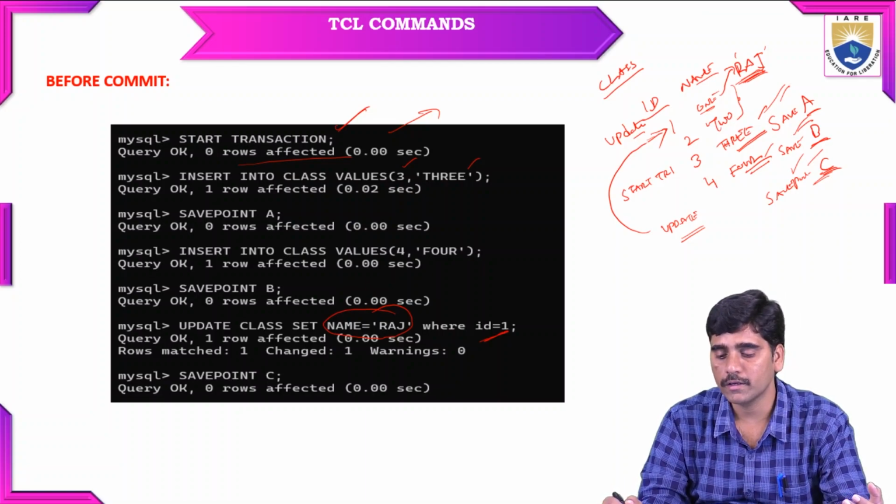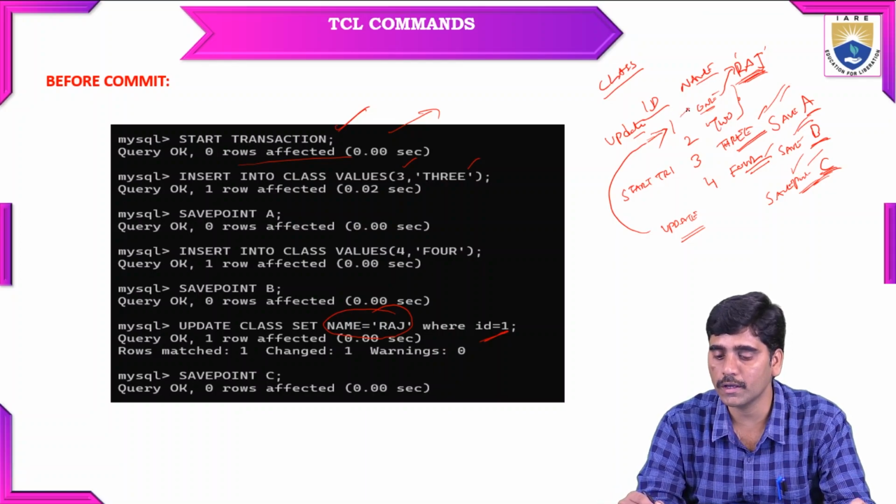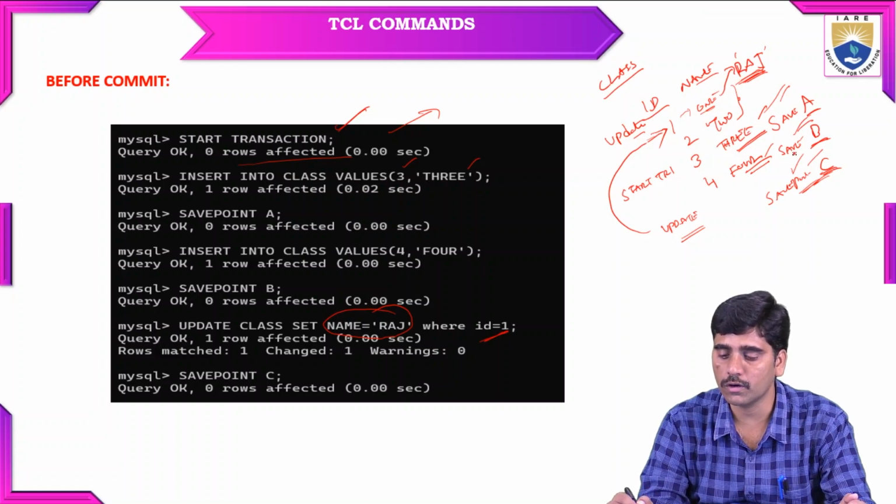I created save points A and B for the inserted values, and save point C for the updated value. The updated value is where ID 1 is updated with the name Raj. So after updating, save point C is created.